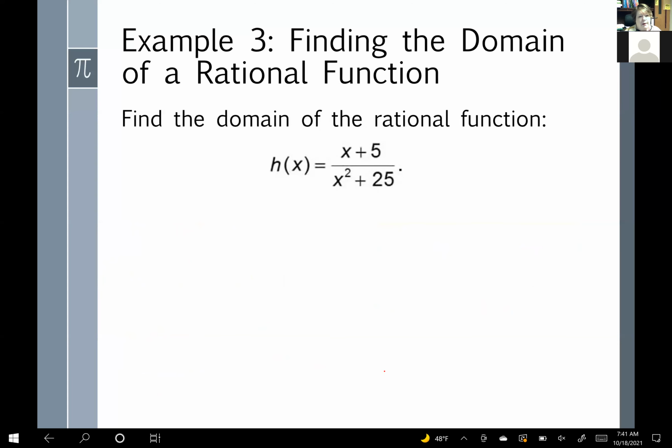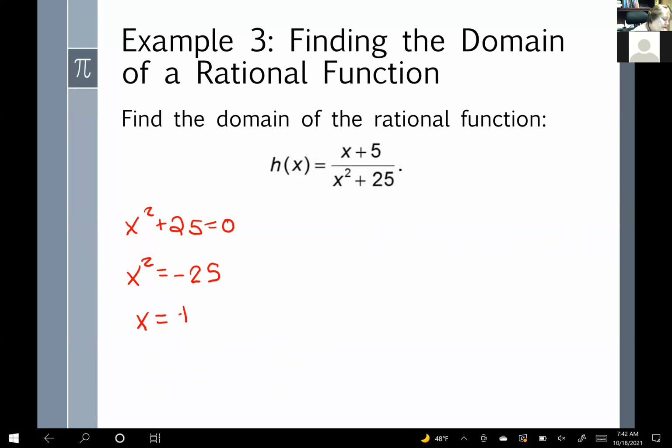Okay, how about this one? Well, in this one, there is no real number that would cause that denominator to be 0. If we set the denominator equal to 0, that is not factorable over real numbers. The solution to that equation is imaginary. As a matter of fact, complex conjugate solutions.